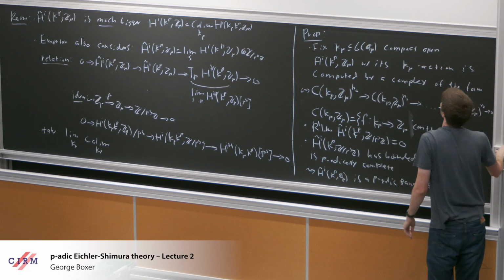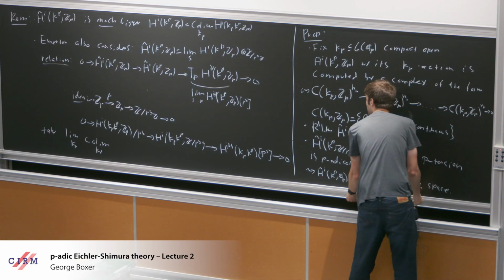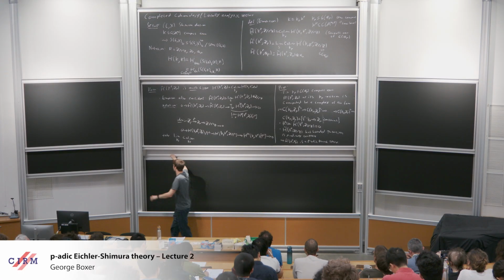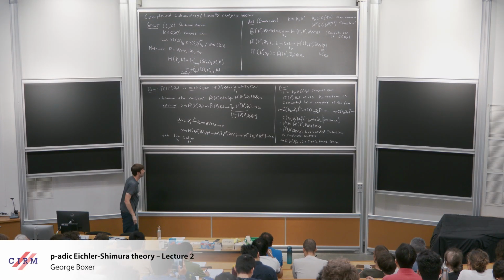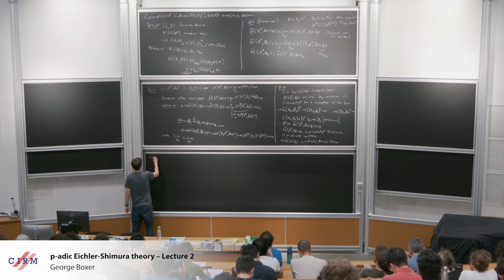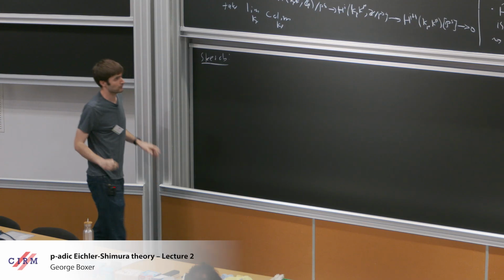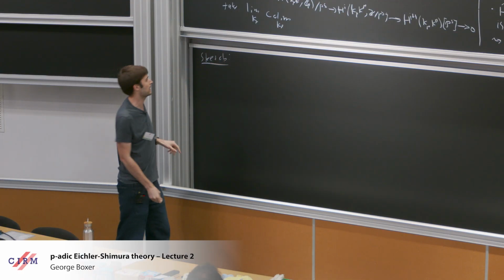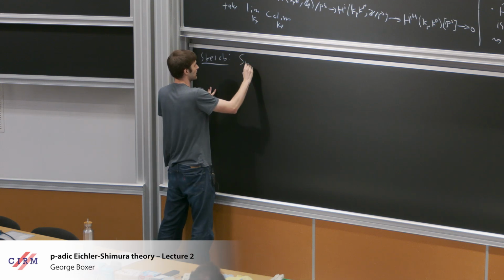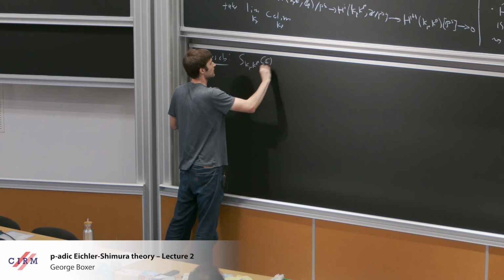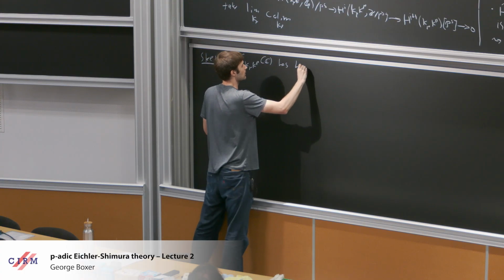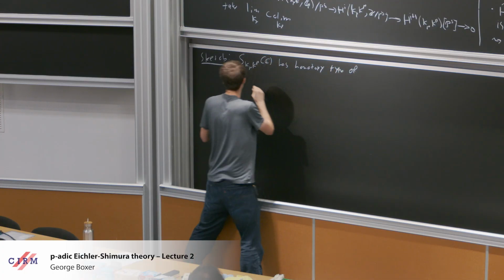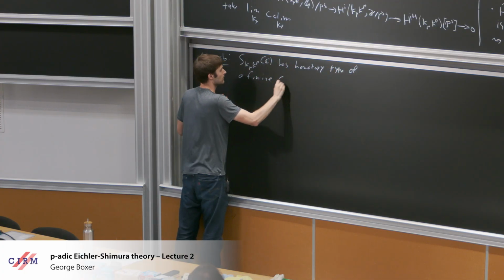Let me switch. Okay, so let me sketch the proof of this. The first thing that we want to use is that we fix this finite level, we fix this K_p. So we first want to use that S_{K^p K_p}(C) has the homotopy type of a finite CW complex.